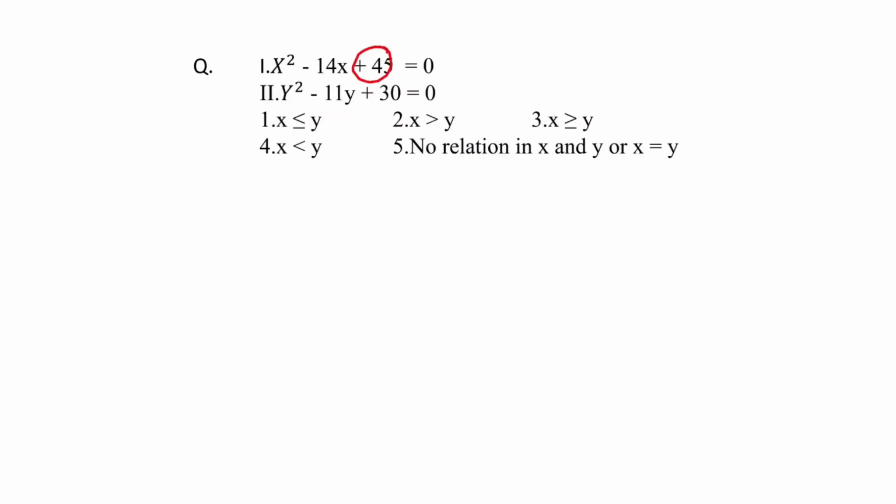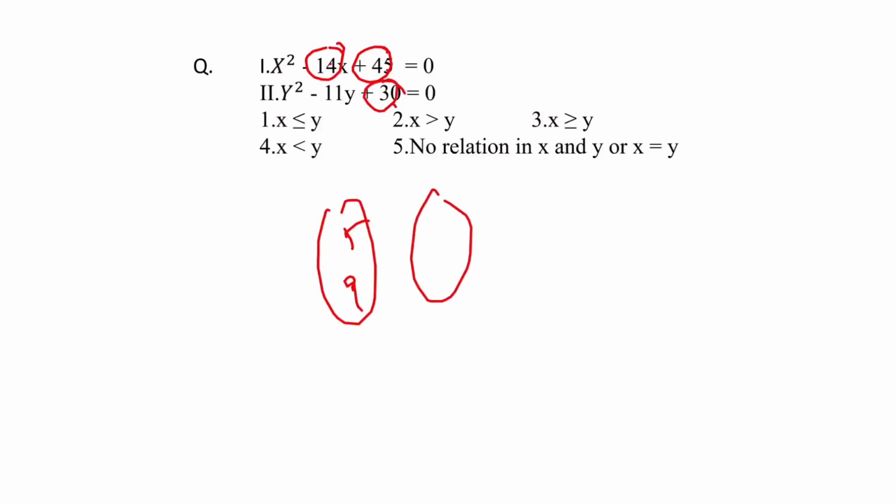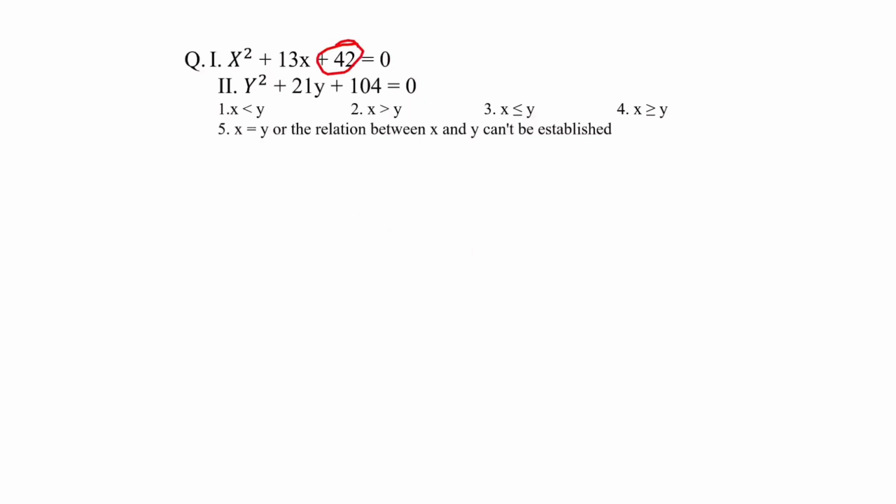Sum of 45, so product 45, sum 14. A combination of 5 and 9. Product 30, sum 11. A combination is 5 and 6. So 5 is less, but 9 is greater. Less than, greater than combination which is no relation. Product is 42, sum is 13, so 6 and 7s, and -6, -7.